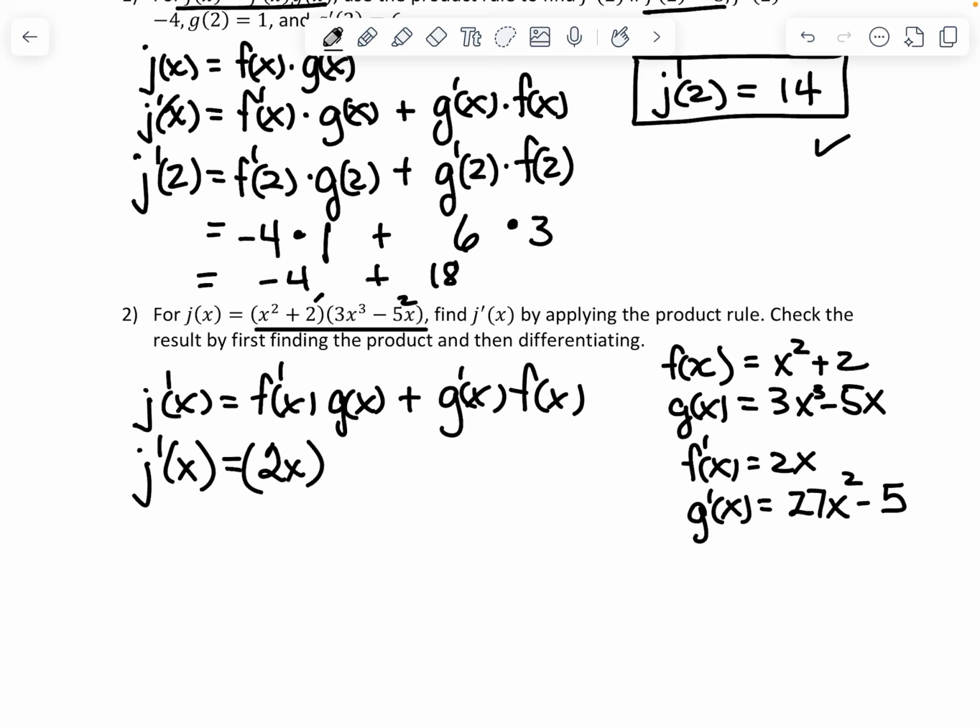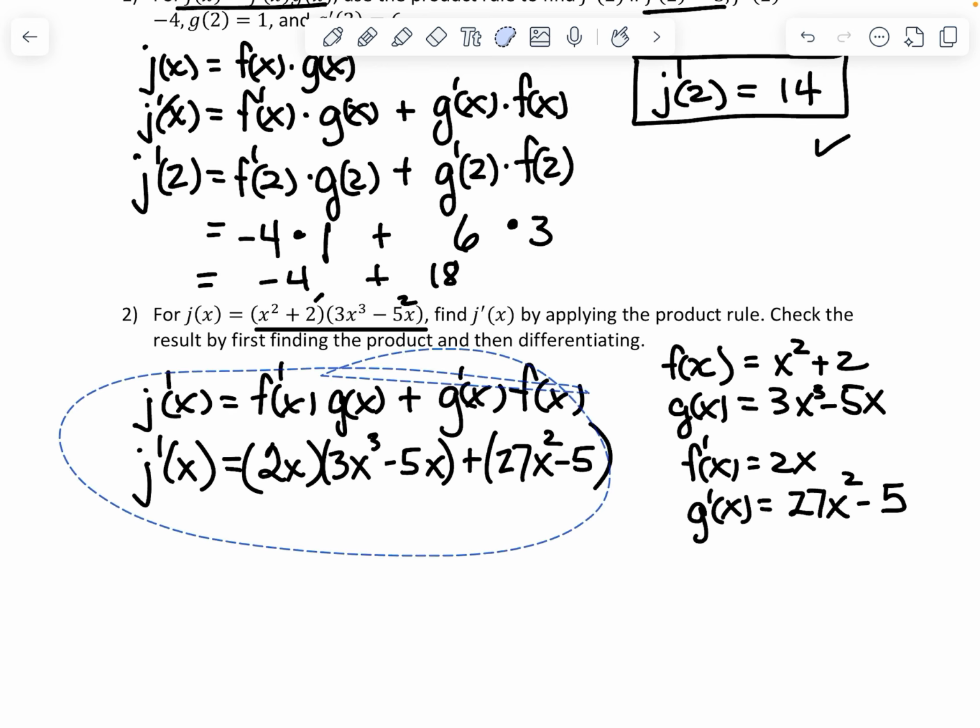So now these might take a little time getting used to using the derivative, but I don't think that much time. G of x, so I need to put in 3x cubed minus 5x plus g prime of x is 27x squared minus 5. Put that in there.